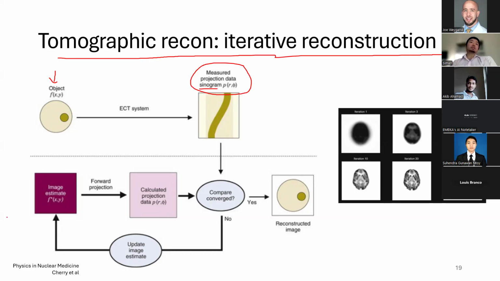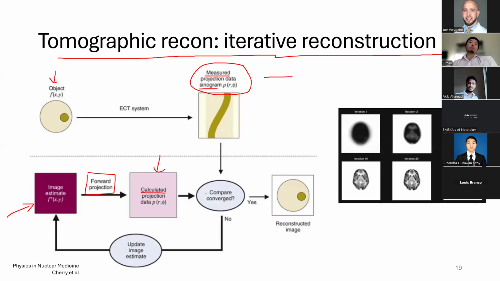And then the iteration starts here. So we assume an image. You can start with a blank image or any image really. But once you have a starter image or an image assumption, you can calculate the forward projections to create the sinogram. So this is the measured sinogram, and this is the calculated sinogram.